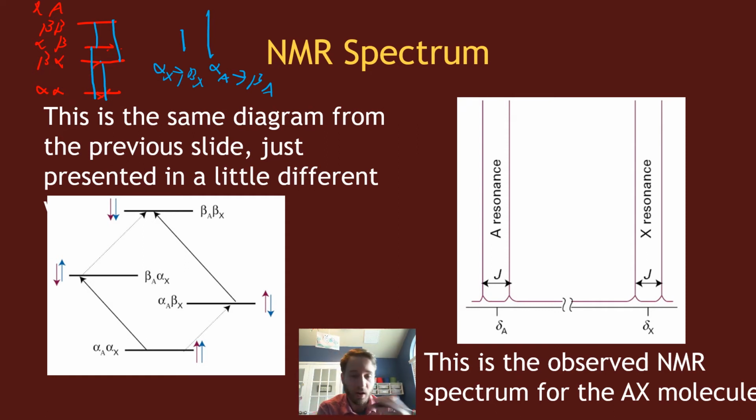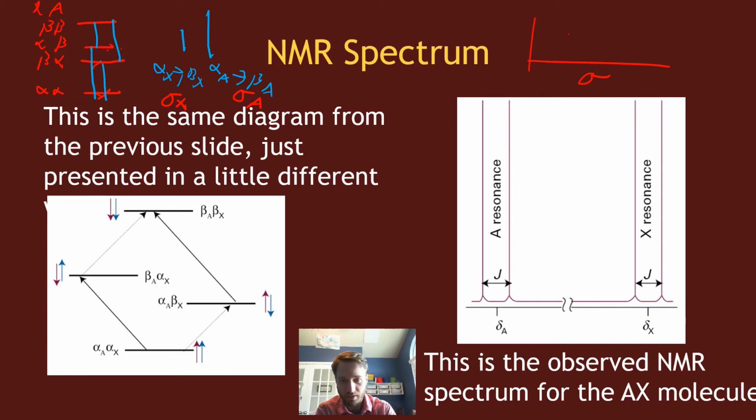And the value of the energy gap depends on the effective external magnetic field reaching your nucleus, which depends on the chemical shift, so this will depend on sigma X, and this will depend on sigma A. So these two peaks will be located differently in a plot where I'm plotting the chemical shift on my x-axis.